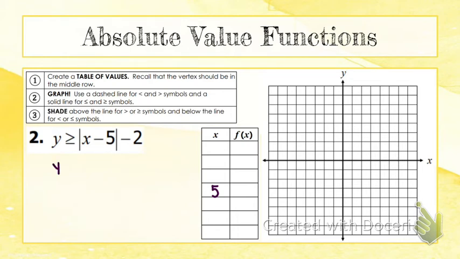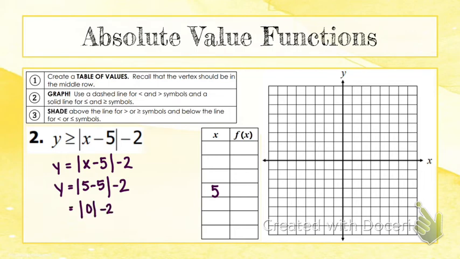And remember that when we are substituting values in, we are pretending that this is an equation and not an inequality for a minute. So if we plugged in 5 for x to see what the y value of our vertex is, we are going to get the absolute value of 0 minus 2. And the absolute value of 0 is just 0. Minus 2 is negative 2. So that's what's going to go here.